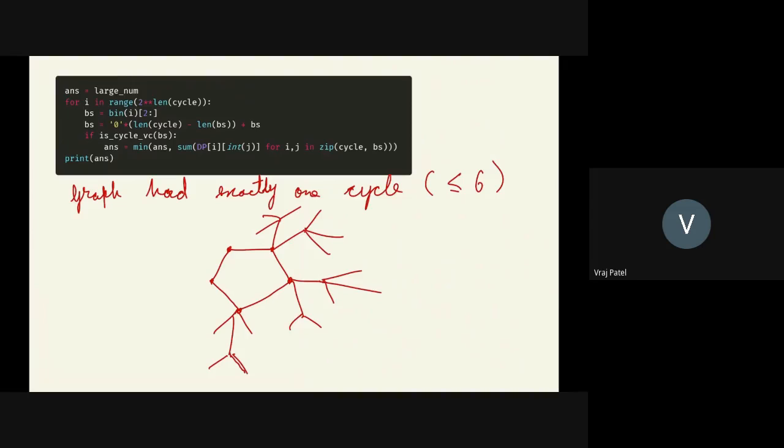Since there is exactly one cycle, if you just do not have this cycle, your life is very easy, because you only have these 5 trees. Whatever the length of the cycle, you have that number of trees in your graph. For trees, we have already seen the solution.